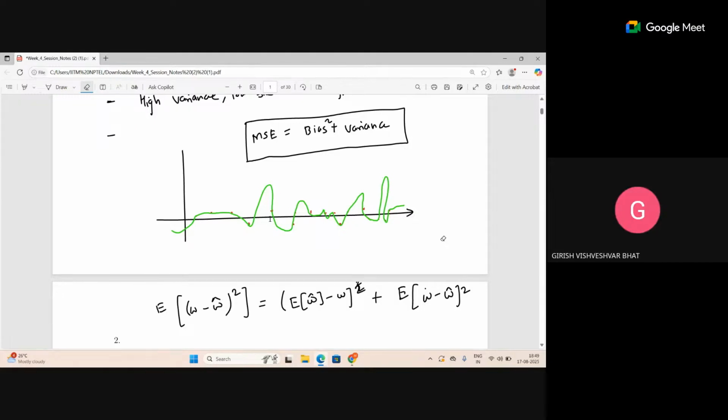Generally we use the variance formula as E of x squared minus E of x, whole squared. This is the expanded one, right? Yes. Fine.